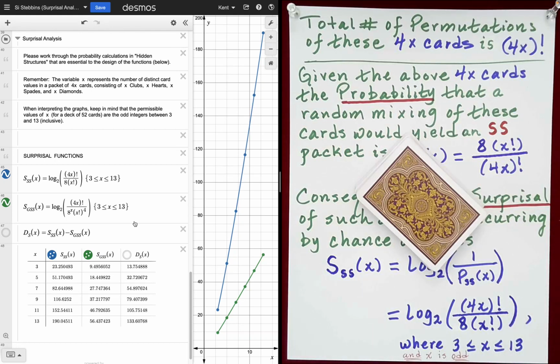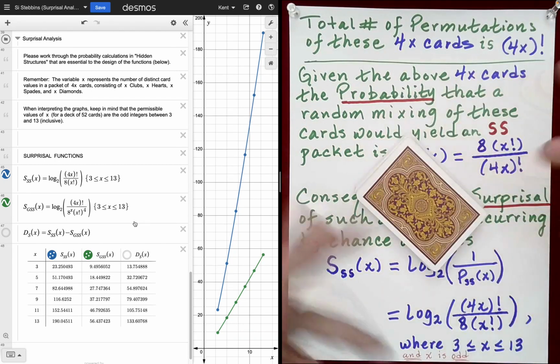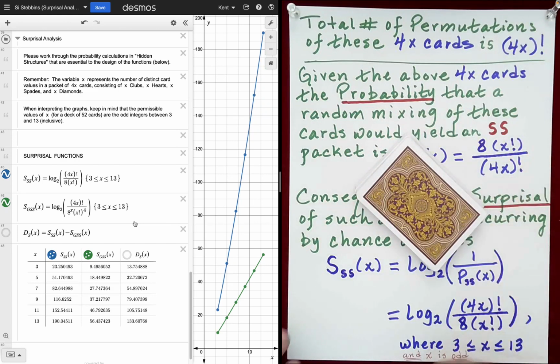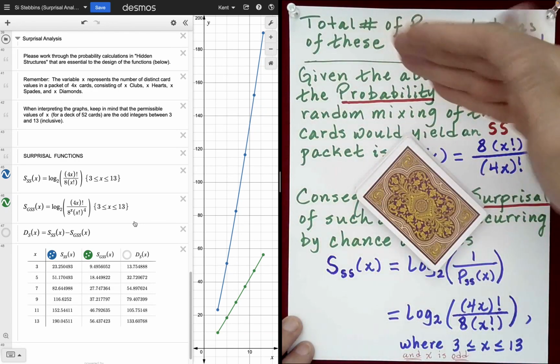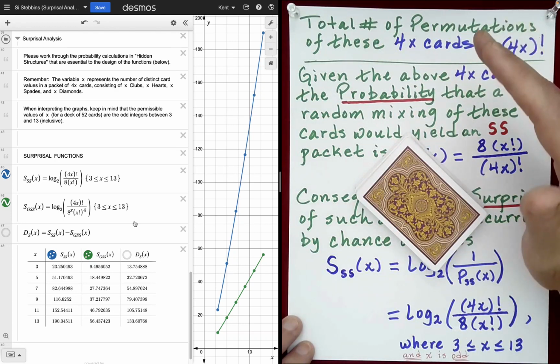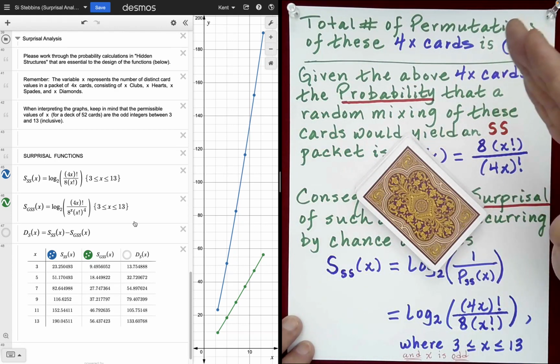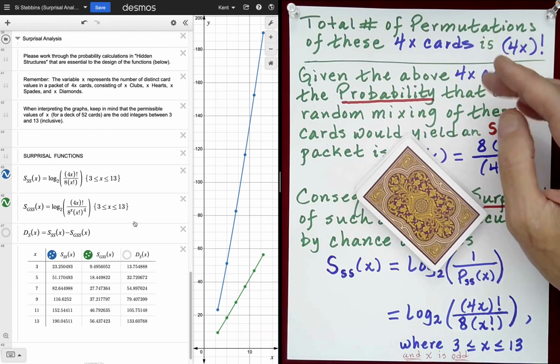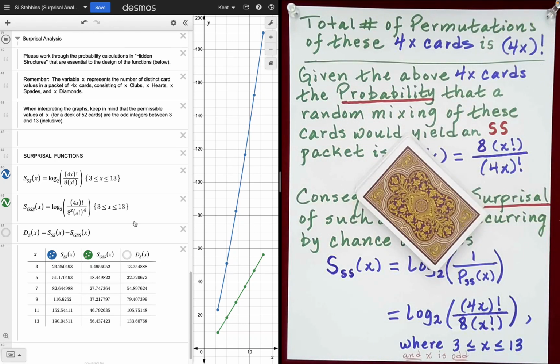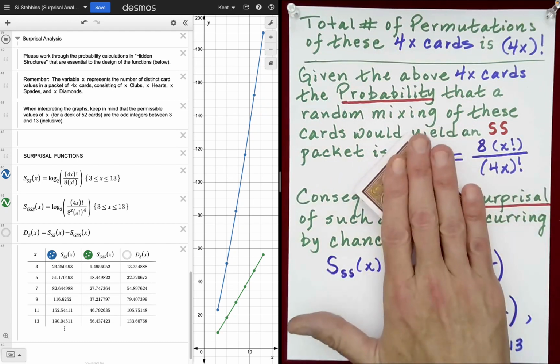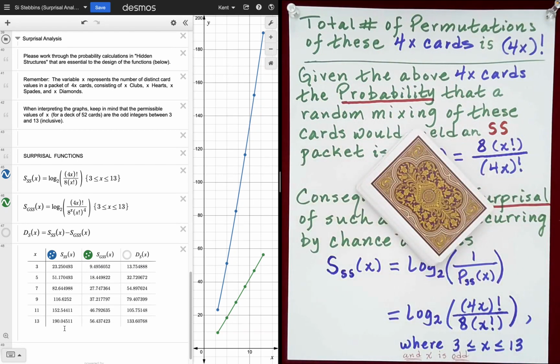So as you might imagine, to randomize a deck of cards and find that it has these 3 properties simultaneously is extremely unlikely. In fact, we can see that here in our table to the left. So here we're working with a whole deck of 13 card values. The chance that you would get this deck by chance alone is 190 bits.